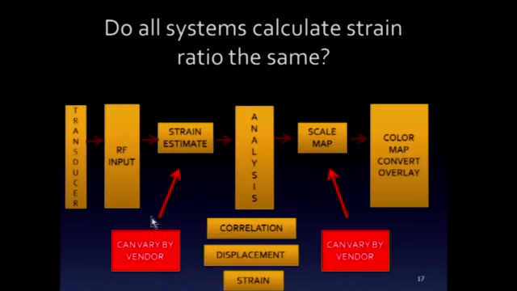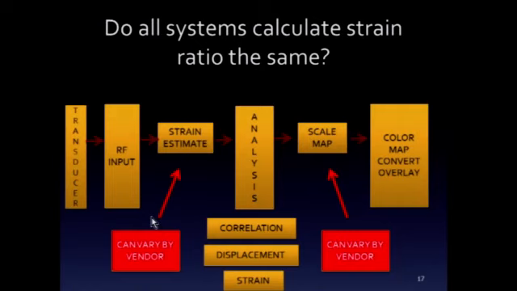So for strain systems, we have this. The transducer sends the RF input. The strain estimate is made by the machine, and each vendor has its own way of doing that, so there's variability there. We analyze the data, and then once the data is analyzed, the vendors use a scale map to present the information, which again varies by vendor, and we get our output, which is our color map.